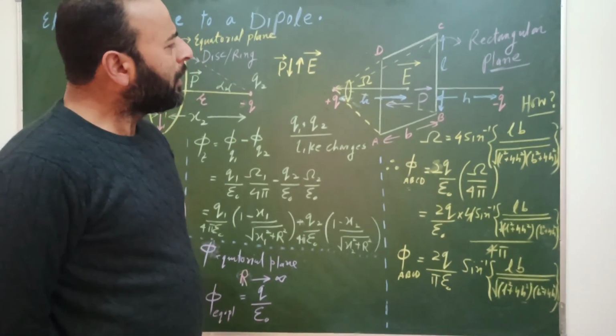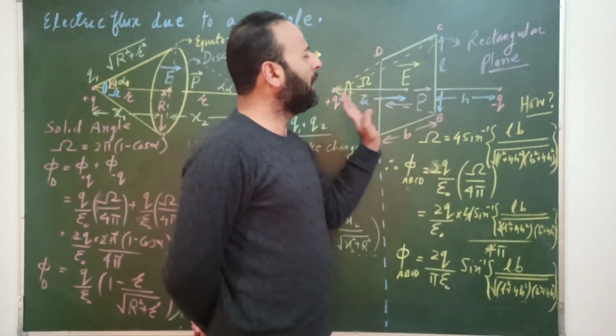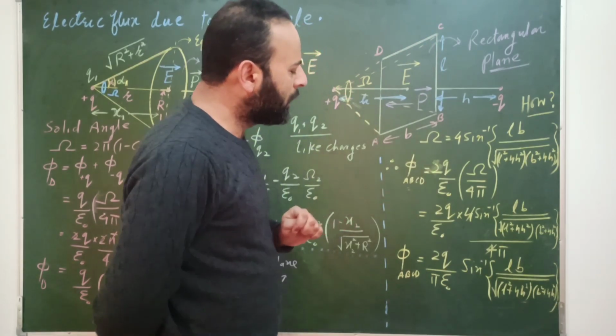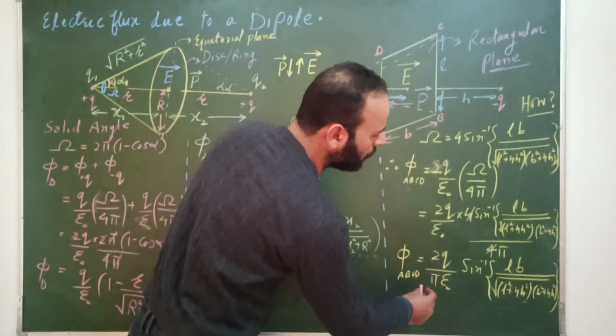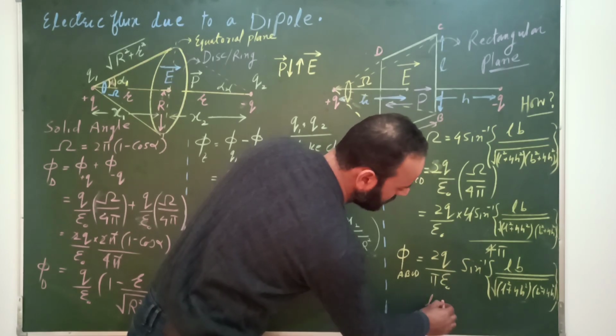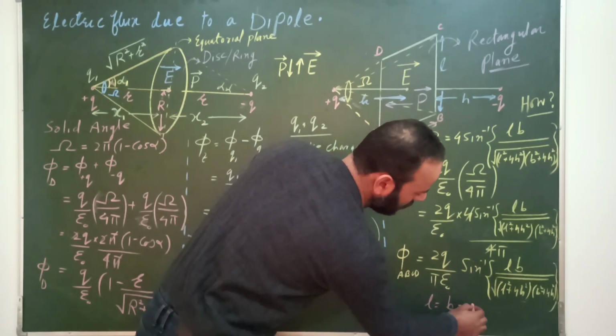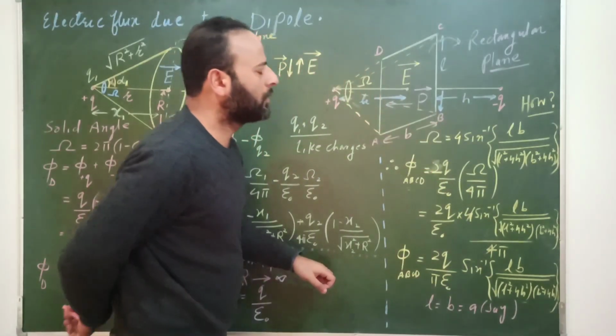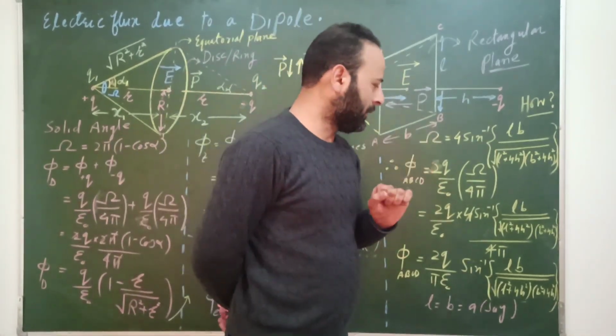Now, here, if the rectangular plane is converted into a square plane, then L is equal to B is equal to A, say, and you can calculate the electric flux through the square plane, right?